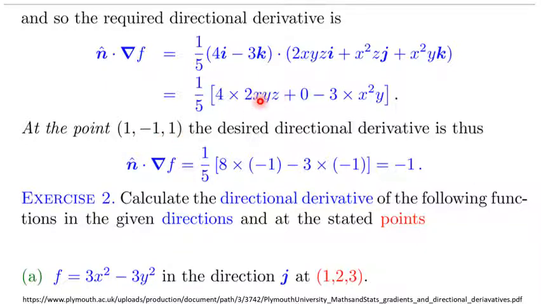So in place of x, y, z we substitute the values: x is 1, y is -1, and z is 1. By calculating this equation, we get minus 1. So the directional derivative at the point 1, -1, 1 is minus 1.